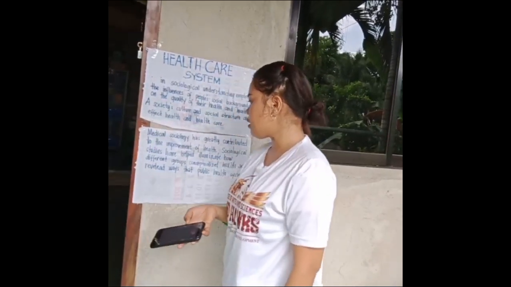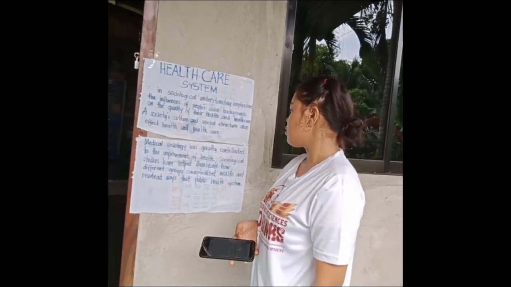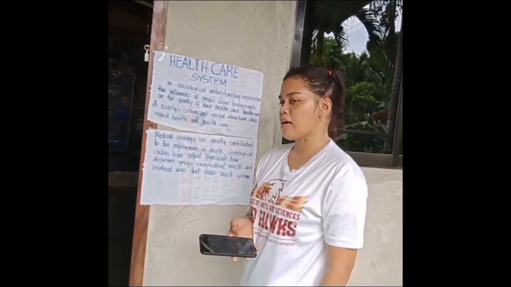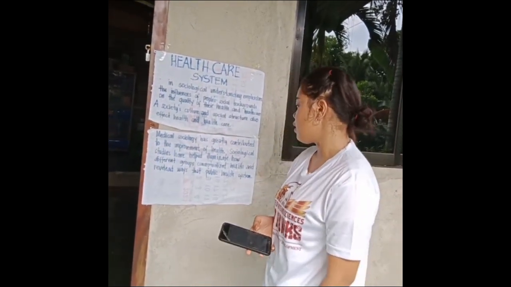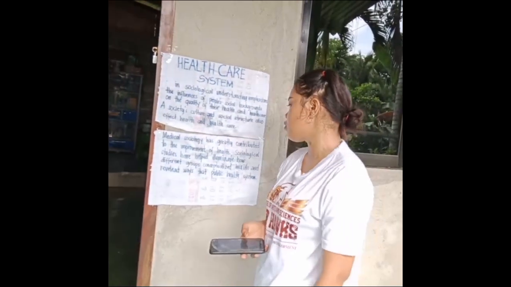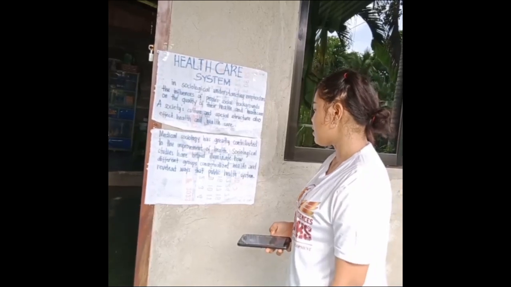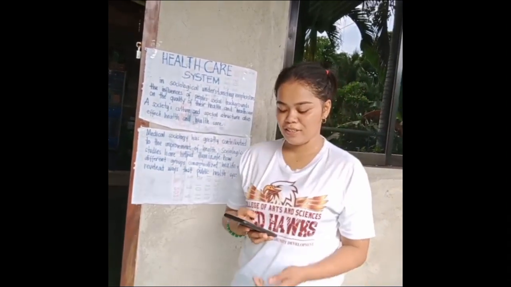Medical sociology has also greatly contributed to the improvement of health. Sociological studies have helped illuminate how different groups conceptualize health and revealed insights about the public health system. That's all. Thank you.